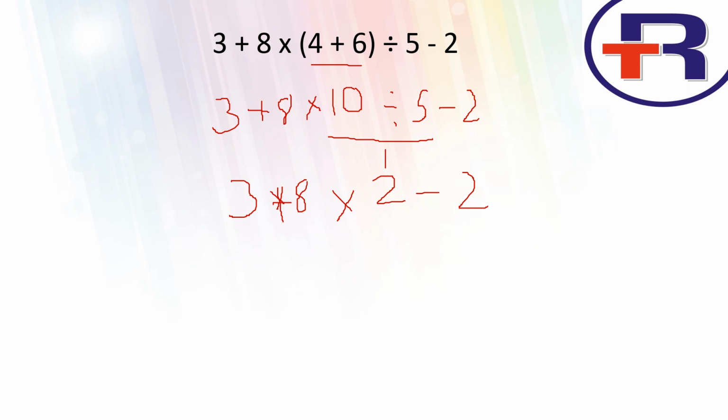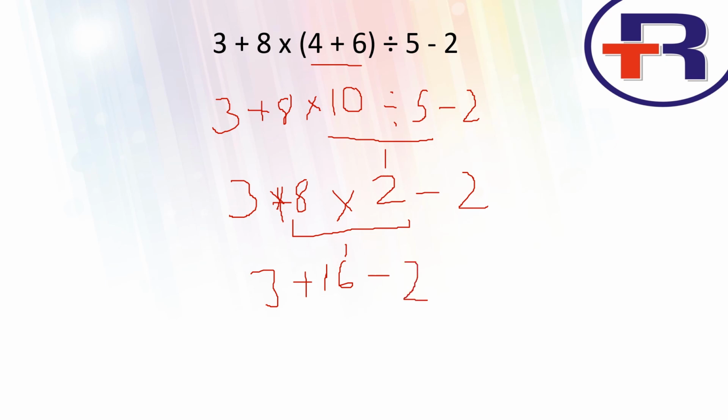M is the next letter of BIDMAS, which is our multiplication there. 8 times 2, which is 16. We rewrite the sum. 3 plus 16 minus 2.